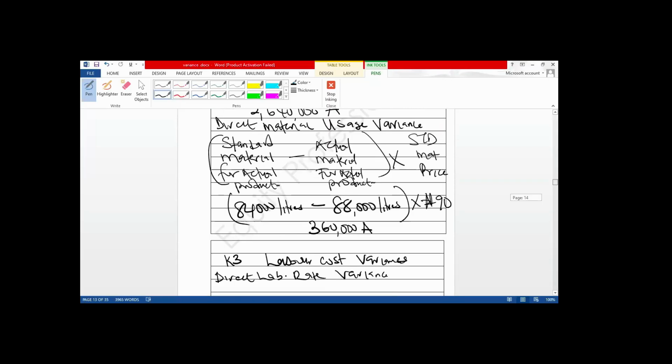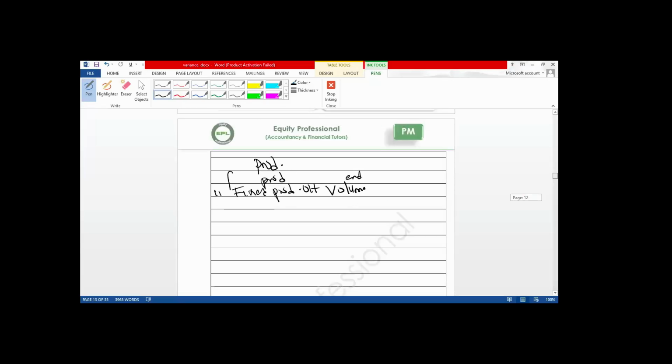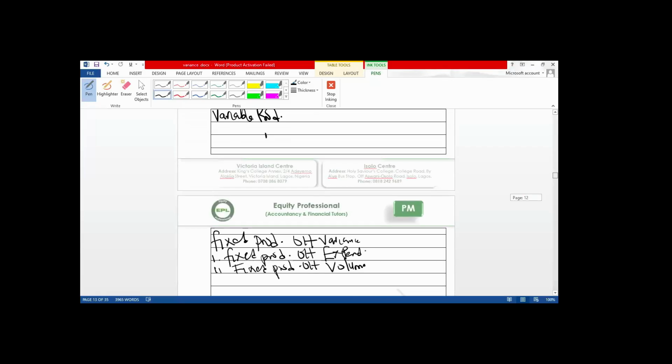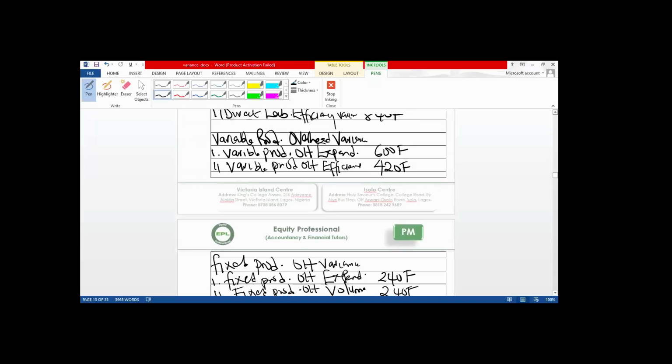Now return to your fixed overhead. Here we have 240 favorable, 240 favorable. Now sum. You are done with all the variances.